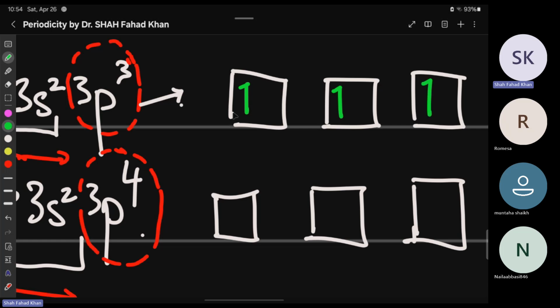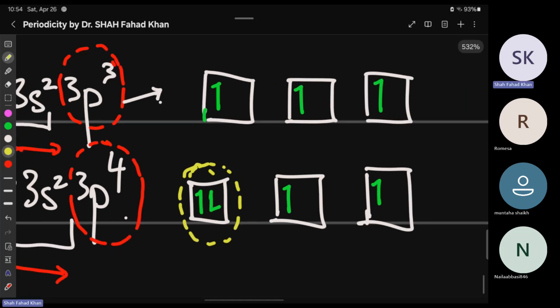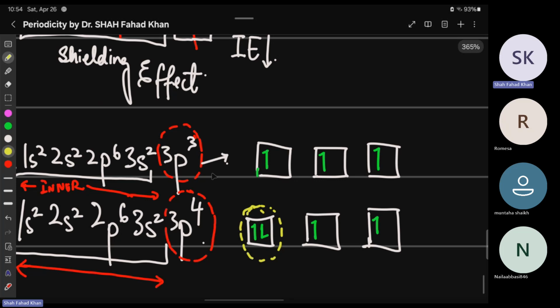Electrons will be half filled first, and over here, they'll be half filled first and then they'll be paired. Now, this pair of electrons that you can see is a pair of like charges, right? And these like charges are not going to like each other, they're going to repel each other. We call this electron pair repulsion.